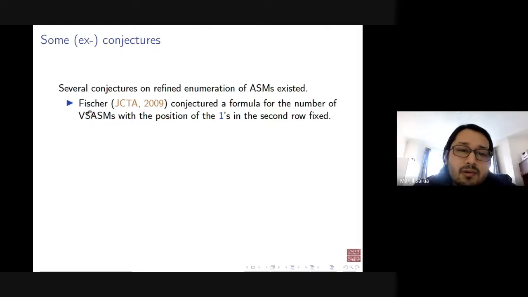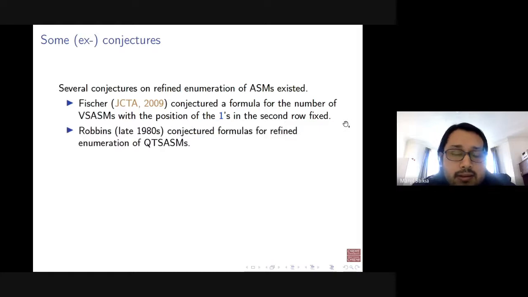S would always be symmetry, and then V, VS, H, and so on. If I have V, it will be vertically, and if I have Q, then it will be quarter-turn. Ilse Fischer had a conjecture for the number of vertically symmetric ASMs with the position of the 1 in the second row. I'll explain why the second row and not the first row in the next slide.